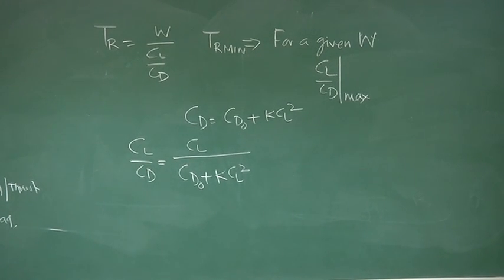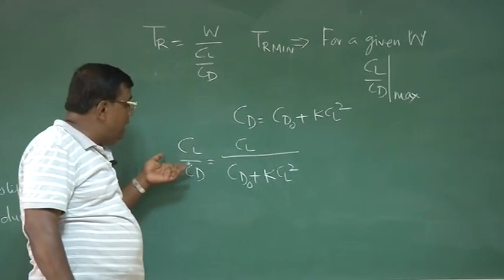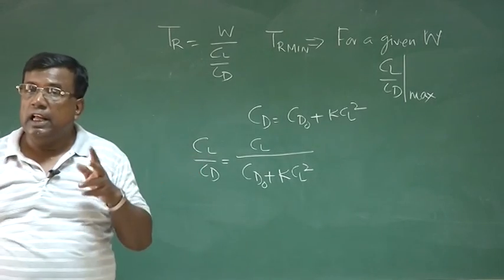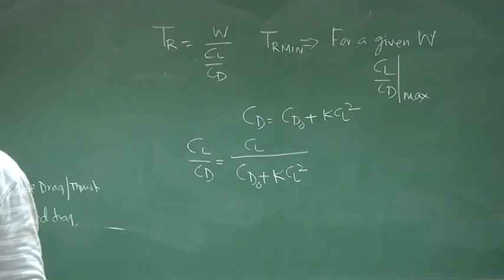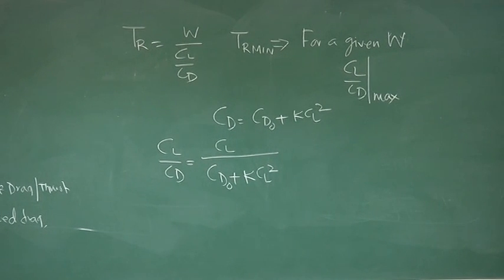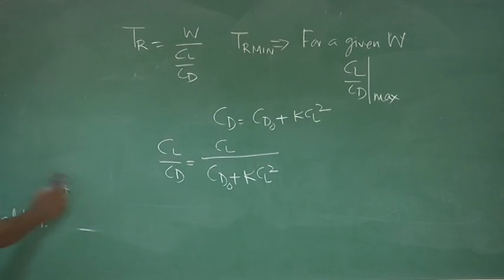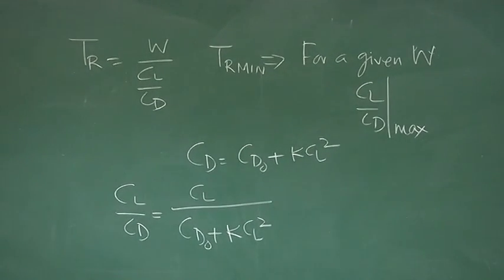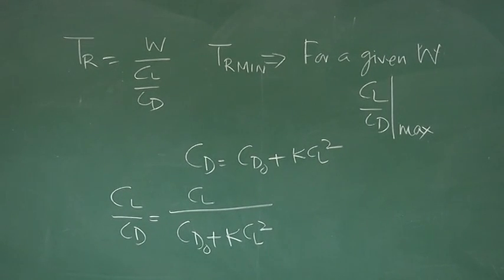What is that CL I should fly so that CL by CD is maximum? This clear? For a cruise, it is equivalent to saying what is the speed I should fly for which CL by CD is maximum, because speed and CL are related.